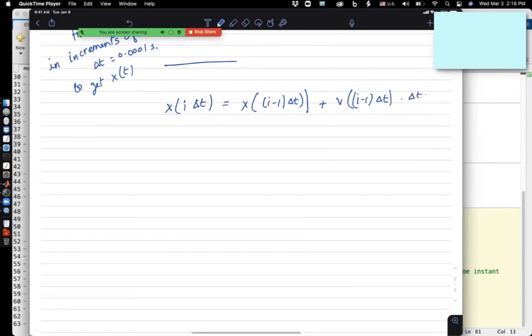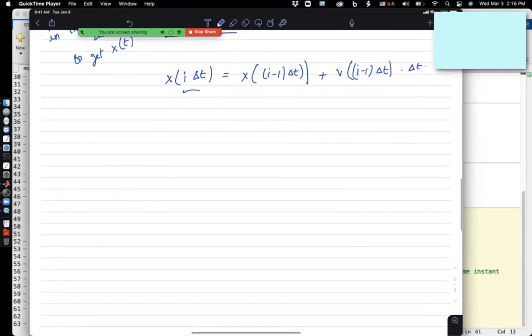Does that make sense? If you've taken i steps, it's going to be i times 0.001. This is i minus 1 times 0.001. That's the time instant, and so on. So this is the actual time.